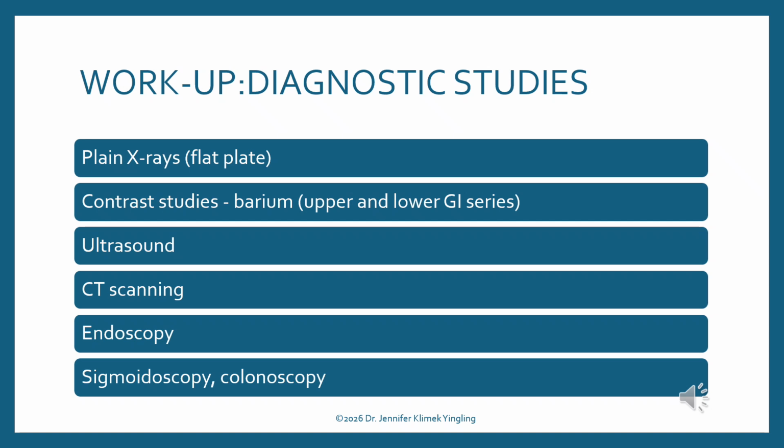CAT scan, we do use this often. You may do a CAT scan to rule out the appendix if the ultrasound was inconclusive. Endoscopy, that's an actual visualization of the GI tract going from the top down, and then the sigmoidoscopy or colonoscopy is when they look at the lower aspect of the GI tract and are able to visualize the bowel.